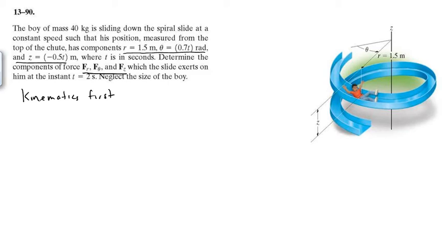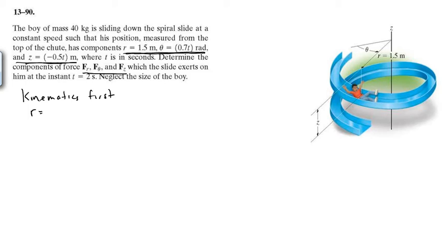We're going to do this problem in cylindrical coordinates because the question is asking for the forces in cylindrical coordinates, and this is a perfect example where his motion is very easily described with cylindrical coordinates, because r is pretty much not changing with time, theta is moving, and he's going down in z. So it's really simple cylindrical style motion, so it can be described just by these r's, thetas, and z's.